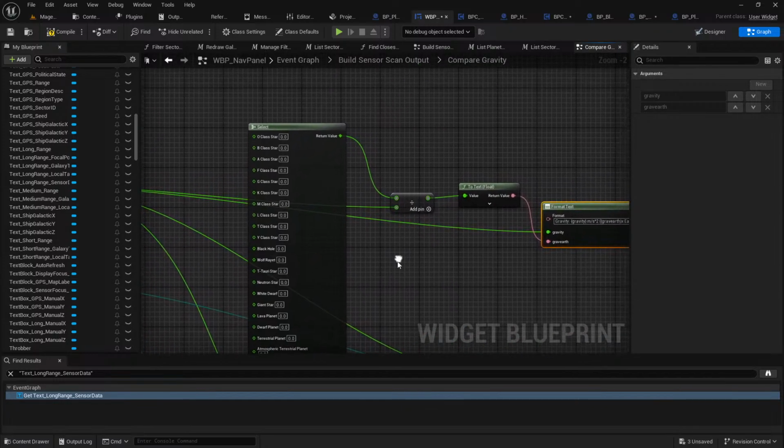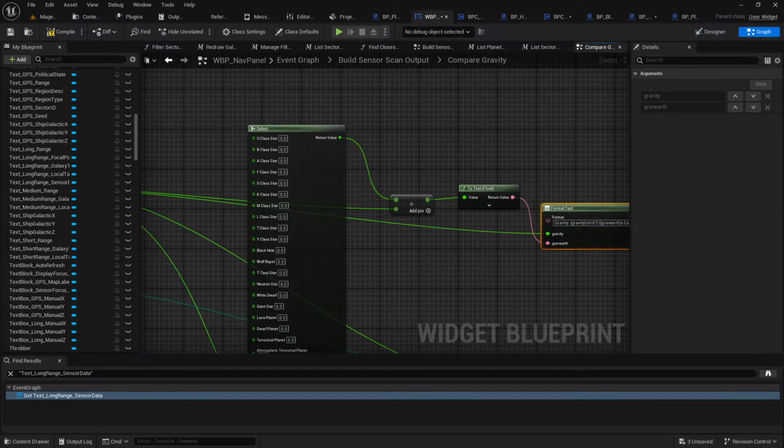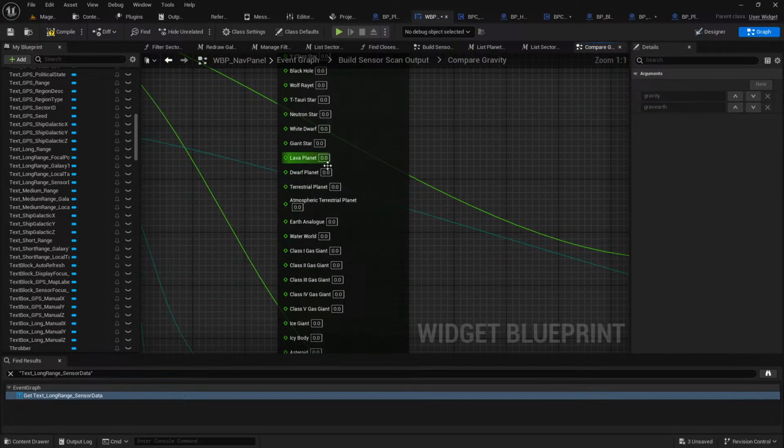No, we don't want Earth's gravity, which is 0.807. So we need that. All of these.